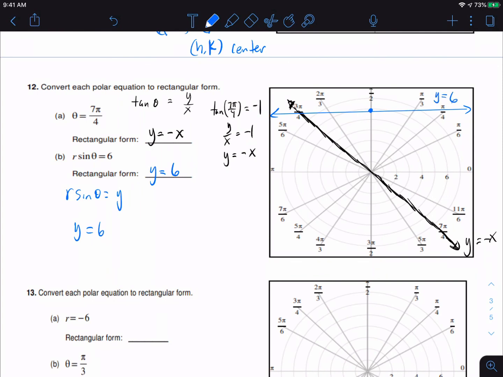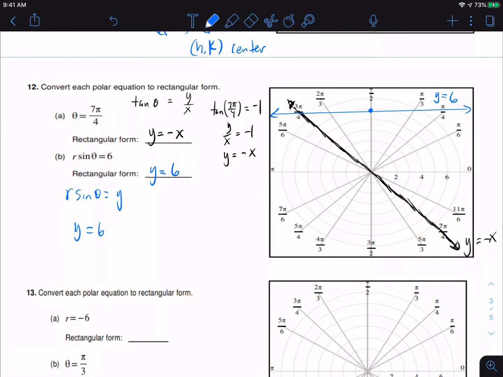Do you guys see how the polar graph and the x-y coordinates have some similarities? It's just that there are angles instead of, you can still have x and y, but you have angles. Oh, okay, so y equals 6, y equals anything is a horizontal line, right?